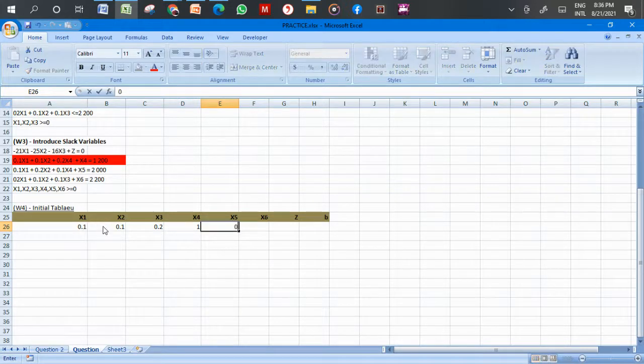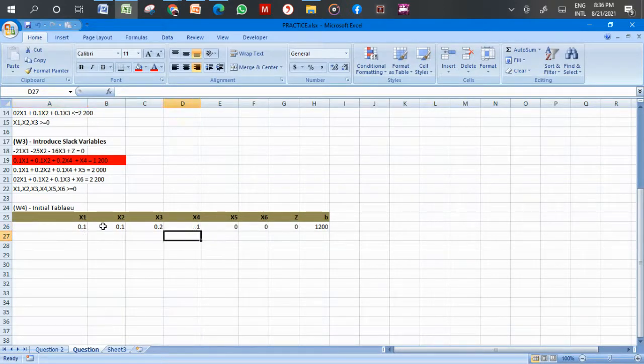We do not have x5 on the first equation, so we just put 0. We again do not have the coefficient for x6, so put 0, and also we do not have the z. And our b represents the 1 to 100, the constraint. So b is the column for the constraints.